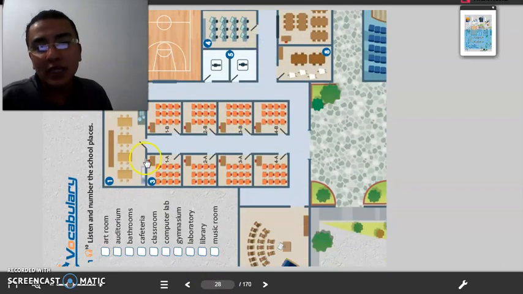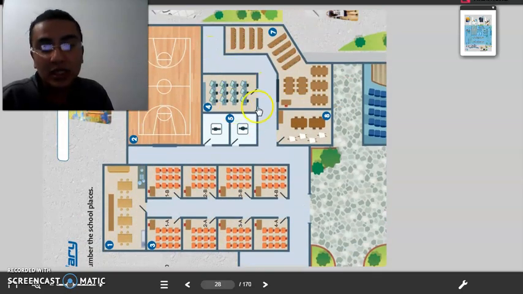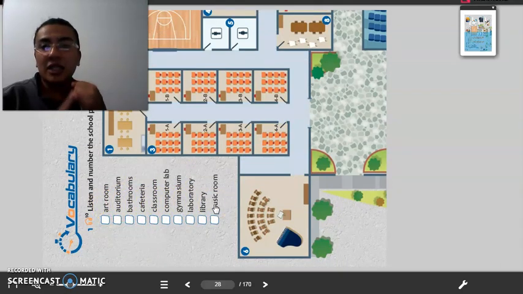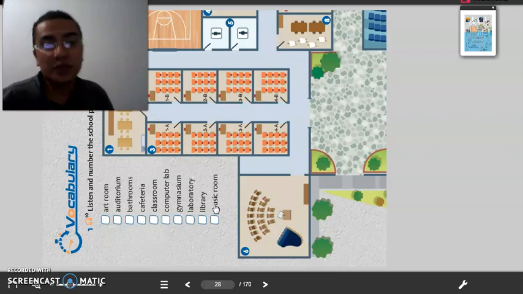What you have to do is to take a look at the picture, right? All the picture, and then relate the image with each of the names that you have right here. The art room, the auditorium, the bathrooms, the cafeteria, the classroom, the computer lab, the gymnasium, the laboratory, the library, and the music room. This for page 28.